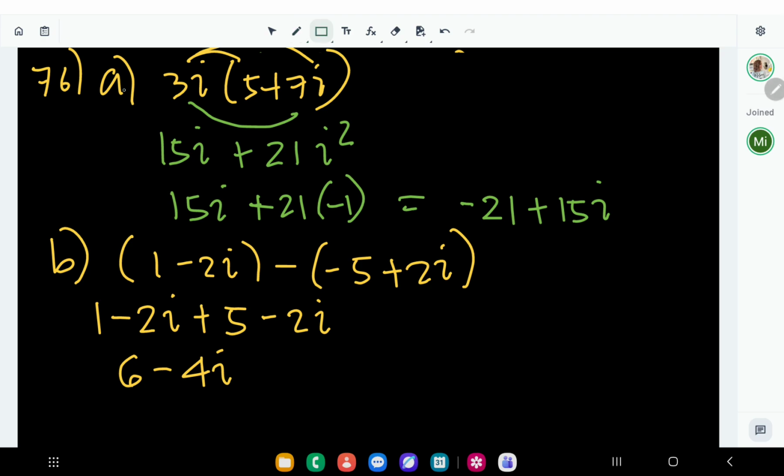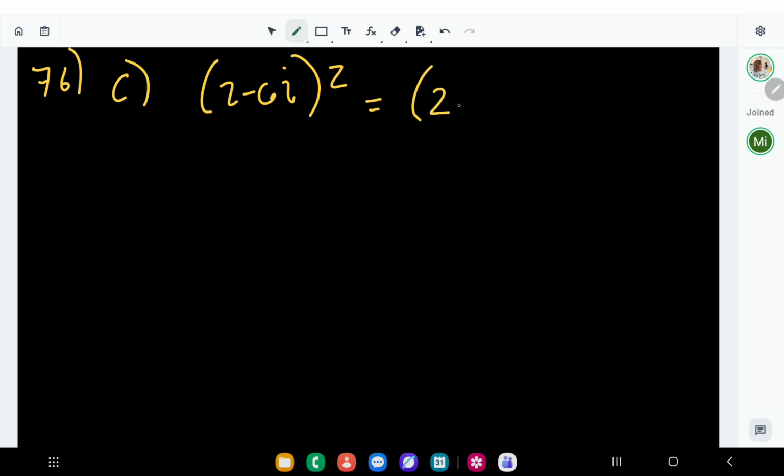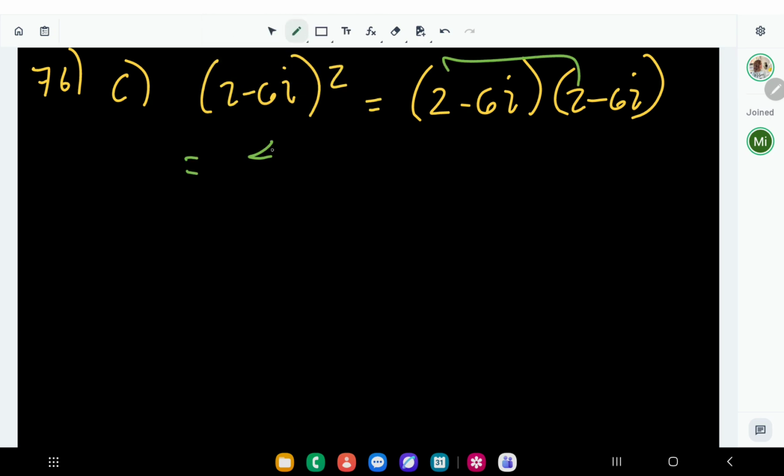Then letter C. Yeah, we can FOIL this. This is just 2 minus 6i times 2 minus 6i. So that is 4 minus 12i minus 12i plus 36i squared.